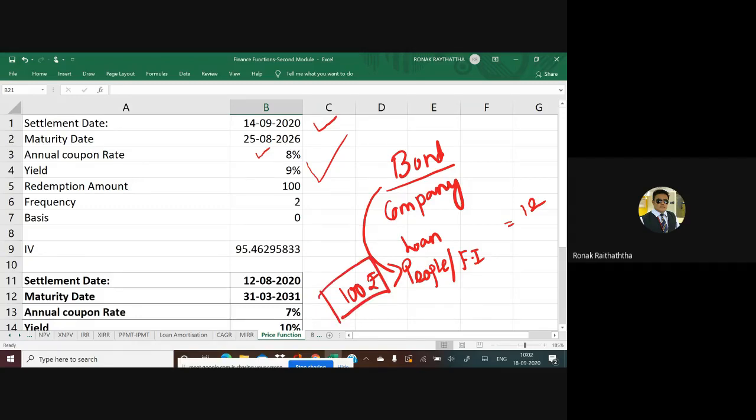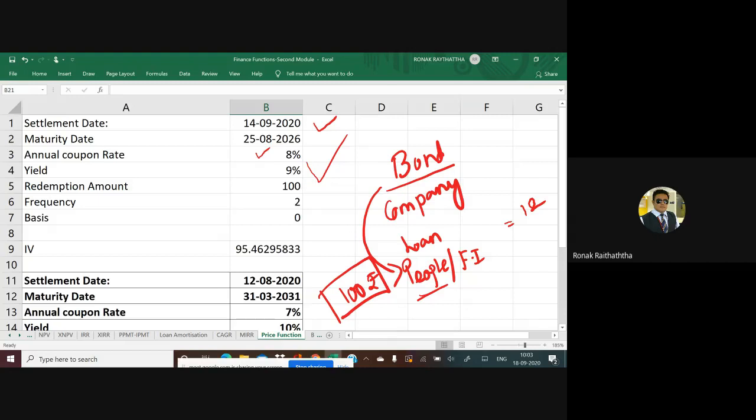So based on the capacity of a person, he or she will invest in the bonds of a company according to their requirement, or according to the availability of money with them. If someone has the capacity to invest in 1000 bonds, they would invest in 1000 bonds.